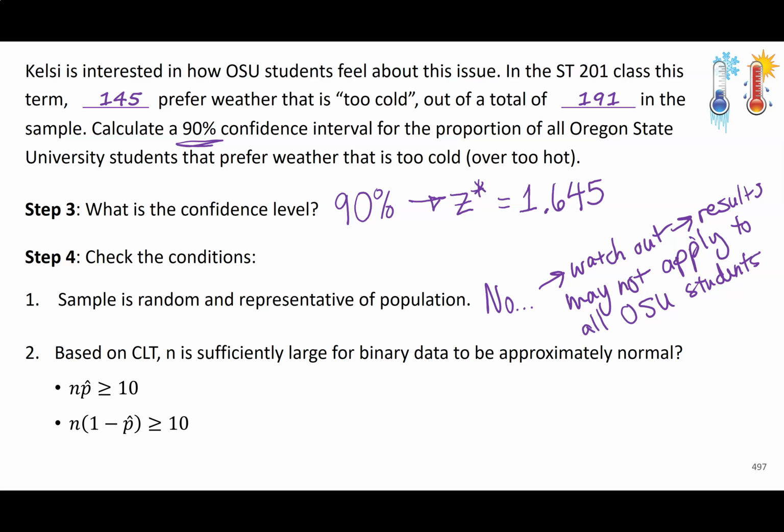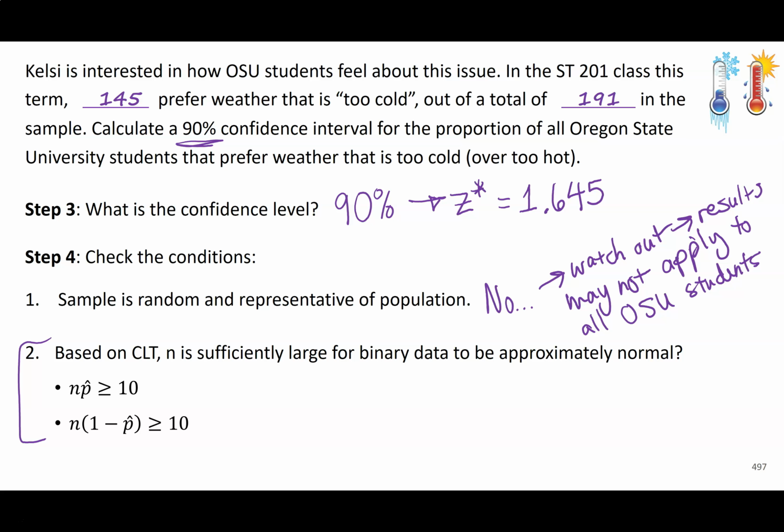Then based on the central limit theorem, do we know that the sample size is big enough that it's going to be approximately normal? So remember, we're not going to use, hey, is 30 big enough anymore. That only works if we're using a quantitative variable.